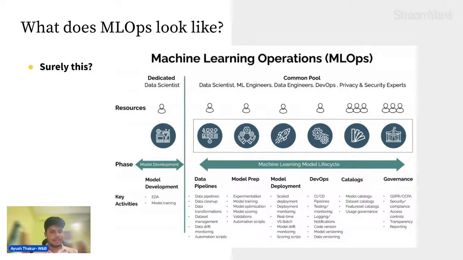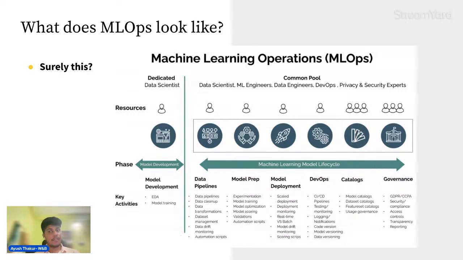Having said that, those are the important stages, but every stage will also have different kinds of individuals. Maybe an ML engineer or a data scientist might be training models and doing the exploratory data analysis, but there might be someone like a privacy and security expert who might be taking care of governing if the model is actually not harmful to the business, and not leaking some proprietary data that the company owns.